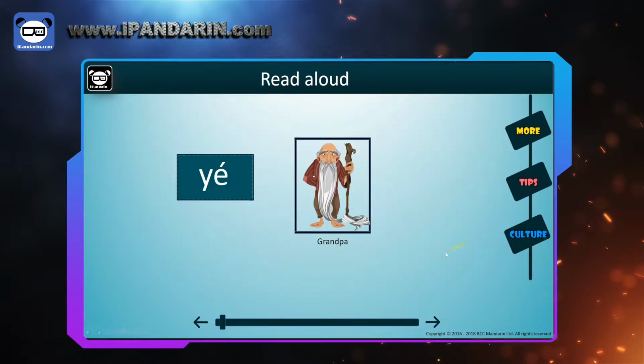For example, the syllable Ye, which means grandpa in Chinese, it's actually the final Ye with second tone, but when we write it, we need to replace the final E with the initial E, so it's pronounced Ye, but written like this.